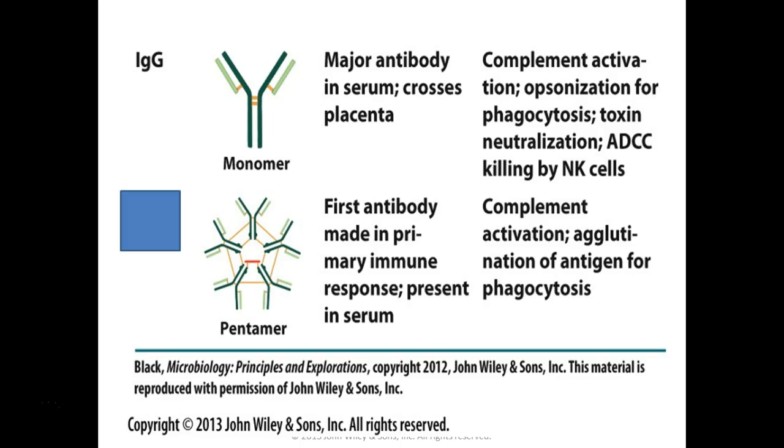But this one, look at how big it is. When it's secreted from the B cell, they stick 5 monomers together. That's why it's called a pentamer. Pent meaning 5. So remember, each antibody has 2 antigen binding sites, so this one has a total of 10 antigen binding sites. So this one can bind to a lot of antigen. And this one is IgM.